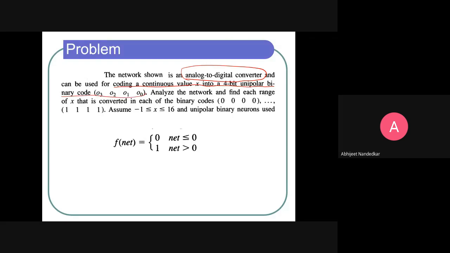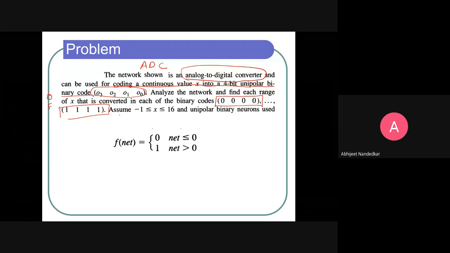So the binary code is O0, O1, O2, O3. This code is generated for a given input, so this is like your ADC circuit. I will show you that circuit. The output is of the form from 0, 0, 0, 0 to 1, 1, 1, 1, that is 0 to F.